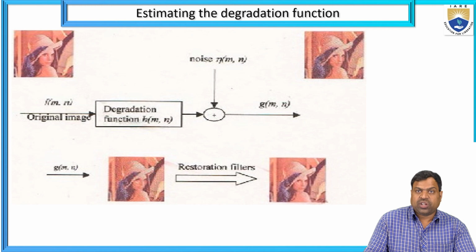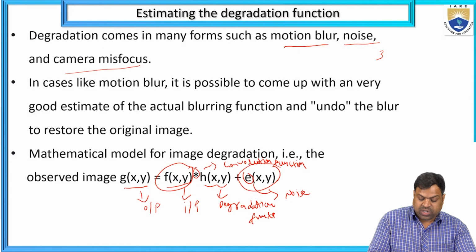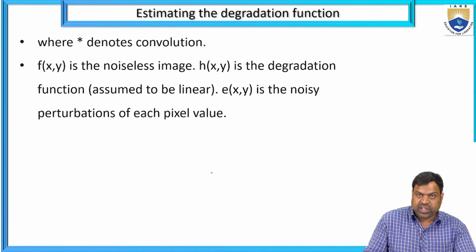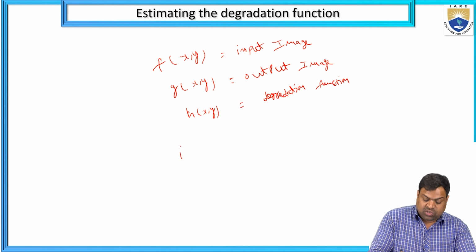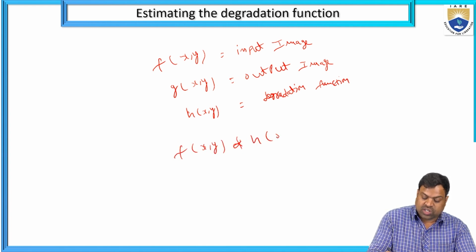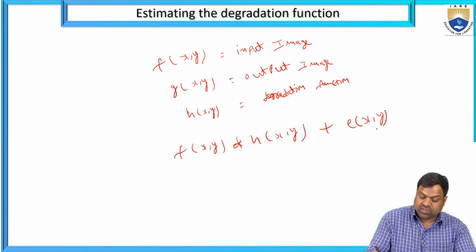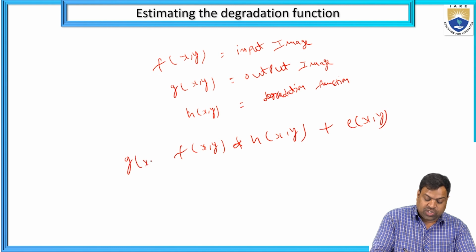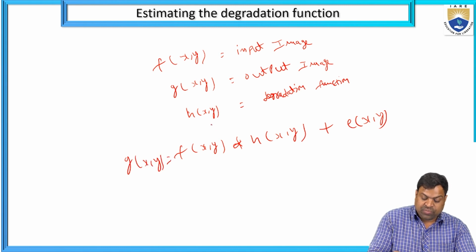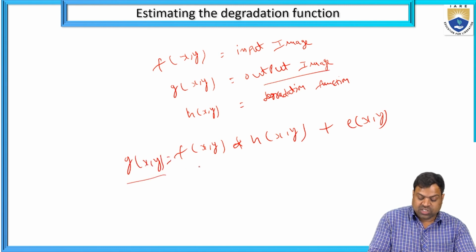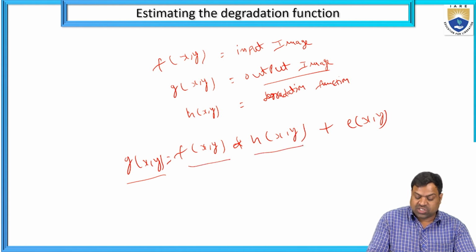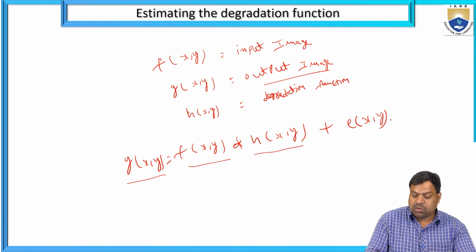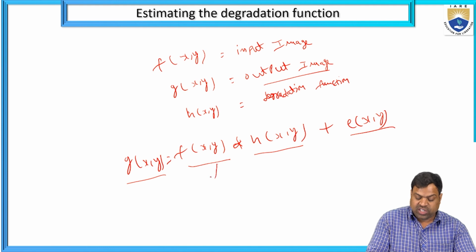Here the star is nothing but convolution, between f of x comma y and h of x comma y. So f of x comma y convolved with h of x comma y plus e of x comma y gives the output function g of x comma y. That is, the output image is the input image with the degradation function h of x comma y applied, plus noise. Actually, f of x comma y is noiseless.